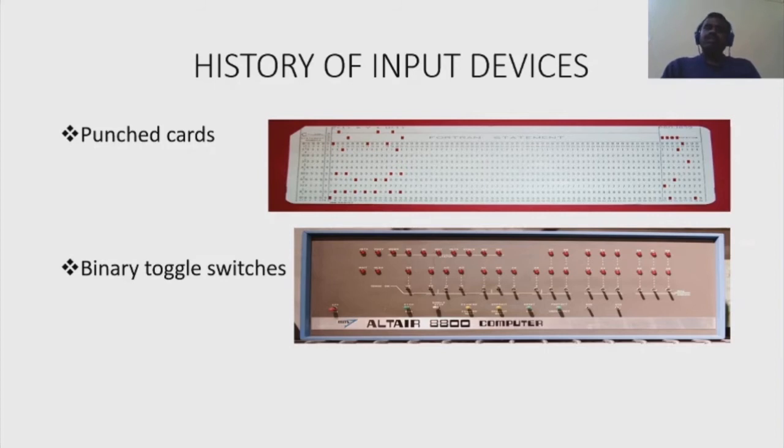So 10 volts, 5 volts, 6 volts, anything other than zero will be considered as a 1. So it is called a binary toggle switch. This is the second input device invented for computers in the olden days.